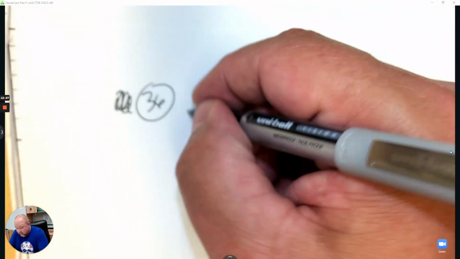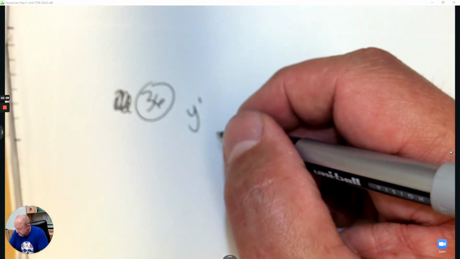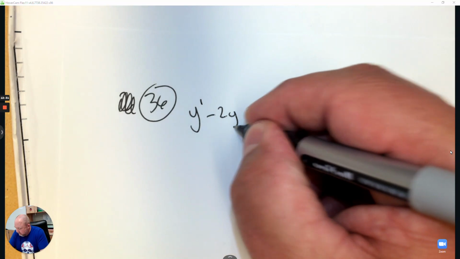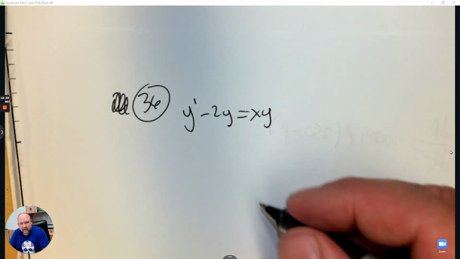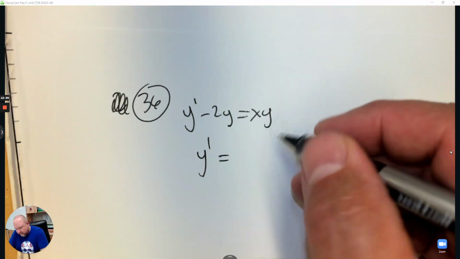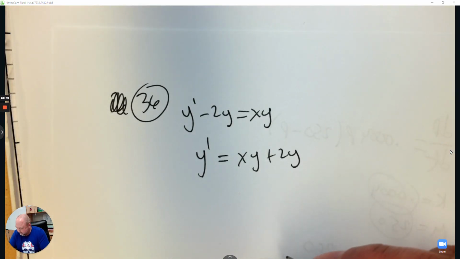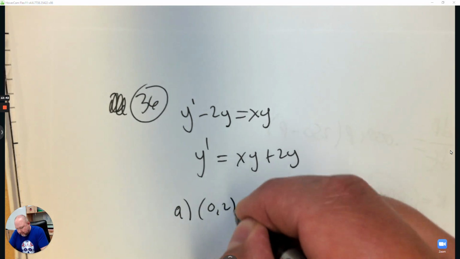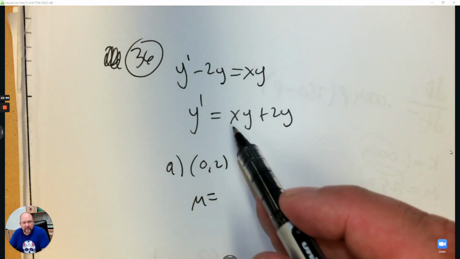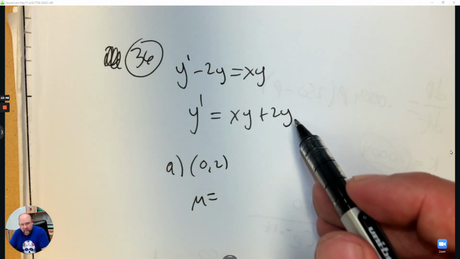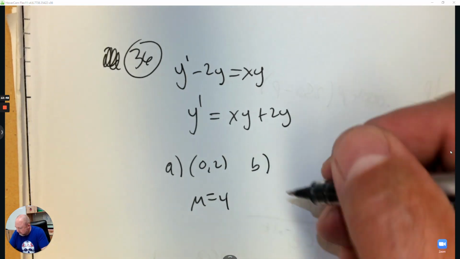In 36, you have the derivative minus 2y equals x times y. So to get the derivative by itself, I'm going to add 2y to the right side. And then plug in. So plug in 0 for x and 2 for y and then get answers. So that's going to be 4.